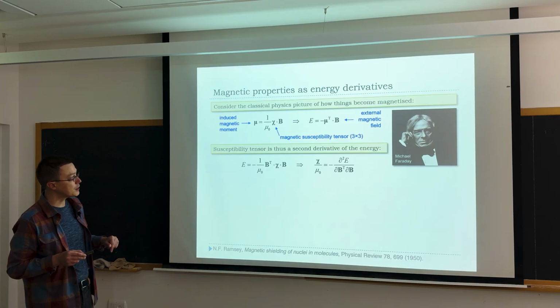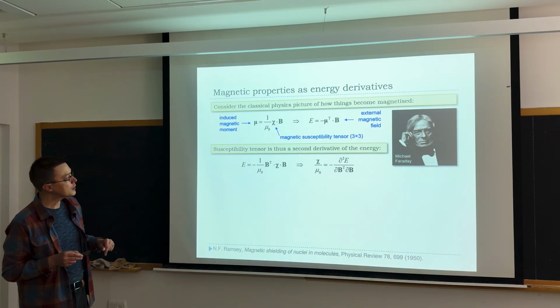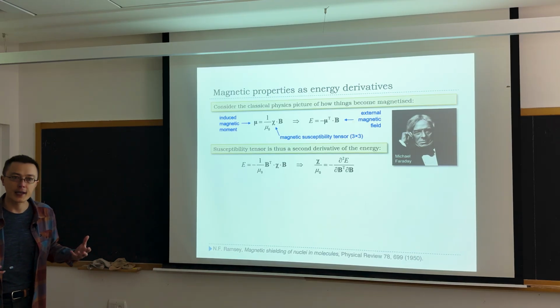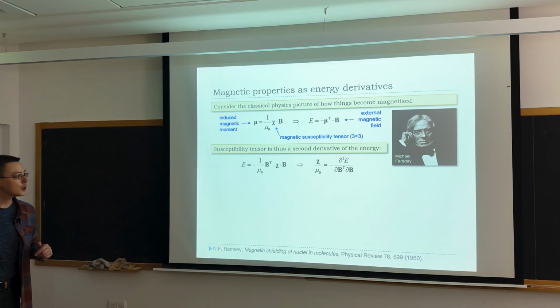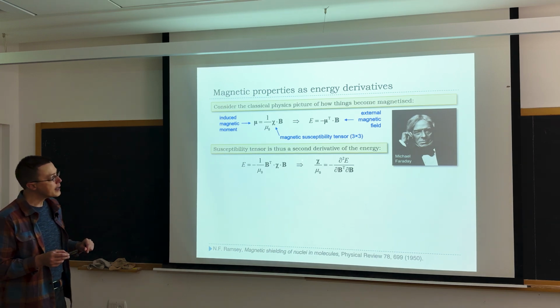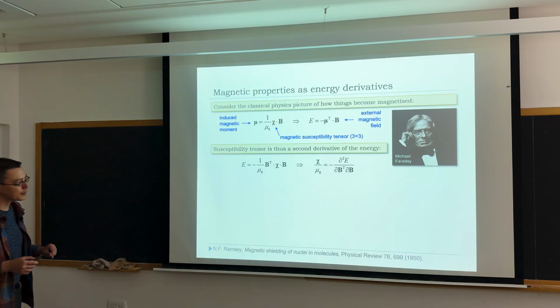So second derivative of the energy will be d2E by dBx dBx, dBx dBy, dBx dBz, and so on, 9 components in total. So this is a 3 by 3 matrix. So when you differentiate a scalar with respect to a vector twice, you get a 3 by 3 matrix. It's a kind of shorthand from the vector calculus. You could write it in component notation as well. So our susceptibility, therefore, is the second derivative of the total energy with respect to the applied magnetic field.